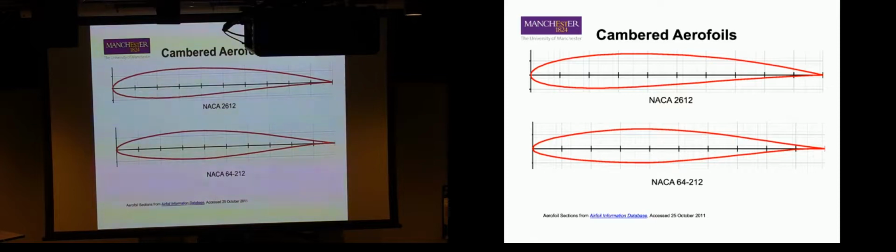We're using the tail to counter that. Where might you not want that? Well, gliders have tails. I mean, yeah, obviously, the less nose down pitching moment, the better because of efficiency. But where would it be really bad? Yeah, a flying wing, an aircraft without a tail.